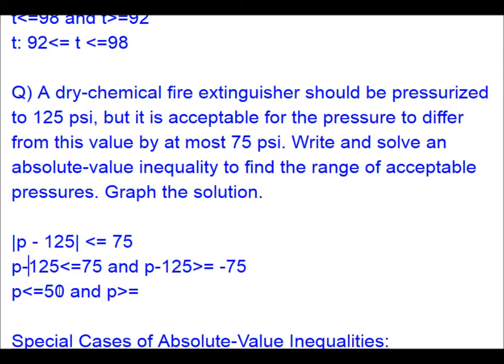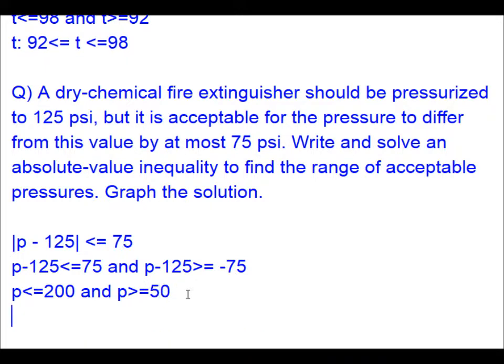So 125 plus 75 makes 200, and the negative 125 goes on the other side and becomes positive, so 125 minus 75 makes it 50.